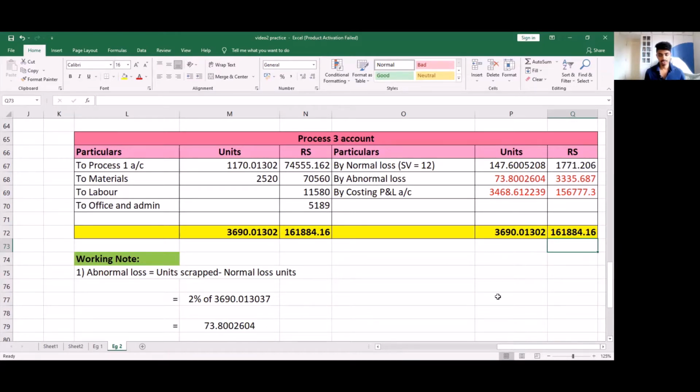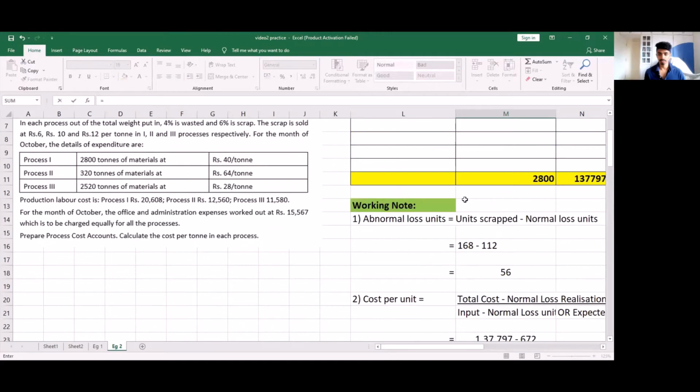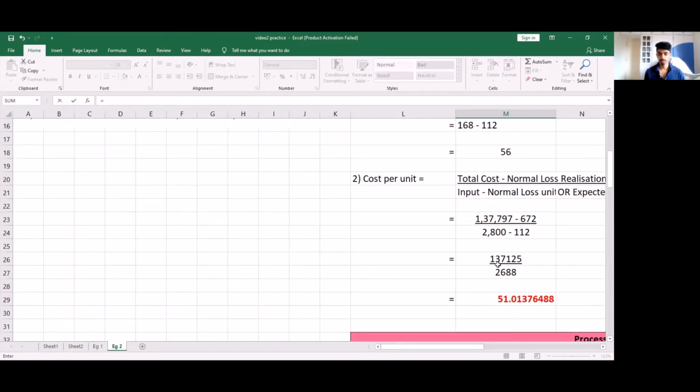Now in the question, they have asked us to mention the cost per ton in each process. So this is nothing but the cost per unit we have calculated. So let's mention this separately. So the cost per ton in process 1 is equal to 51.013.